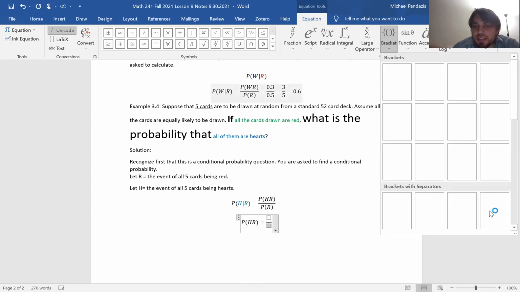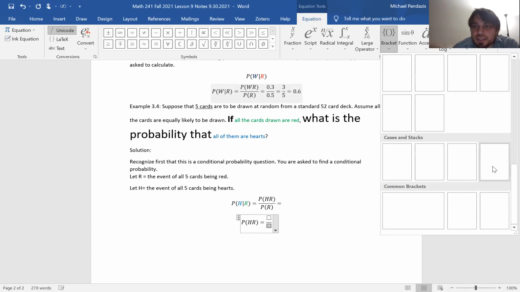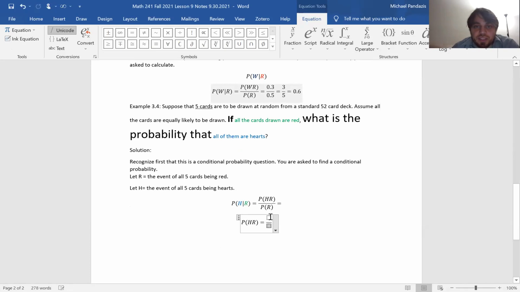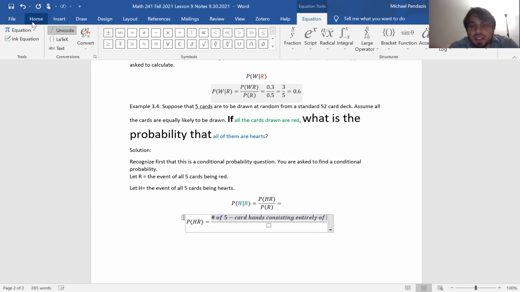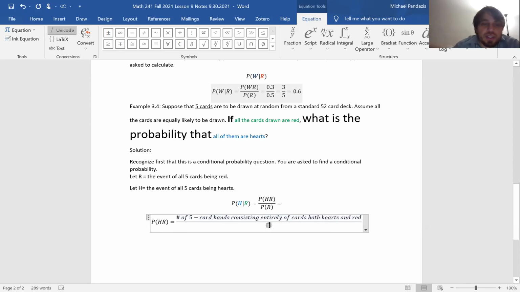So this is the number of 5-card hands consisting entirely of cards that are both hearts and red. And the denominator is just the number of 5-card hands.